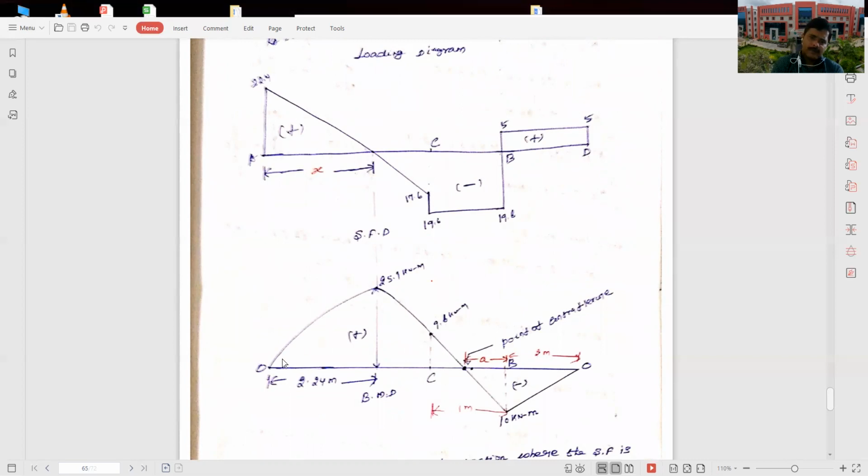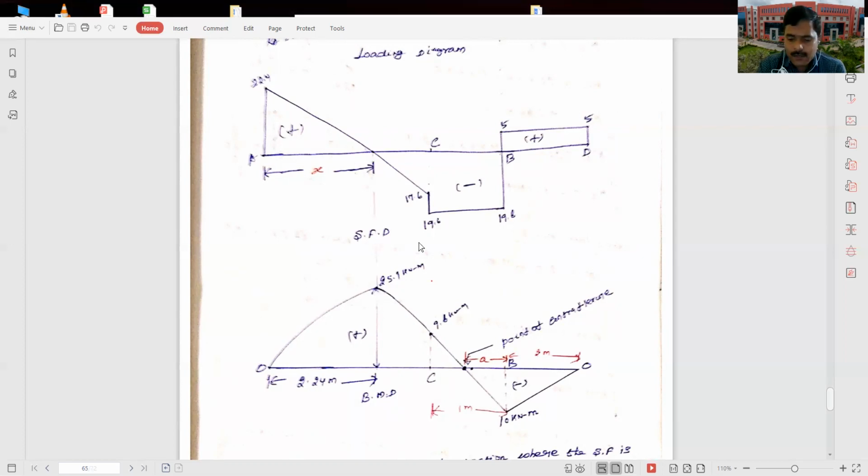Because of this UDL force, it will be like a parabolic curve, but somewhere else the bending moment value is maximum, where the shear force value will be 0. So where the shear force value is 0, there you will get the maximum bending moment, right?